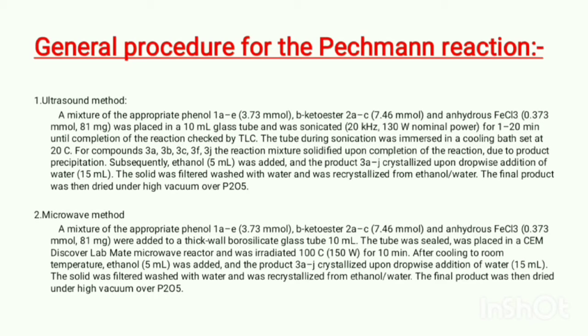After cooling to room temperature, 5 ml ethanol was added and the product recrystallized upon dropwise addition of 15 ml water. The solid was filtered, washed with water and recrystallized from ethanol or water. The final product was then dried under high vacuum over phosphorus pentoxide. The next slide will be explained by Gaurav Naik.